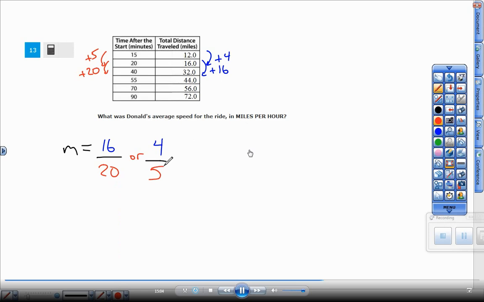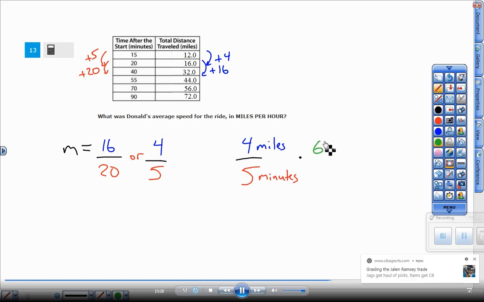So that 4 is 4 miles over 5 minutes. I need to make sure that I change this to miles per hour. So 4 miles over 5 minutes times 60 minutes for every 1 hour.